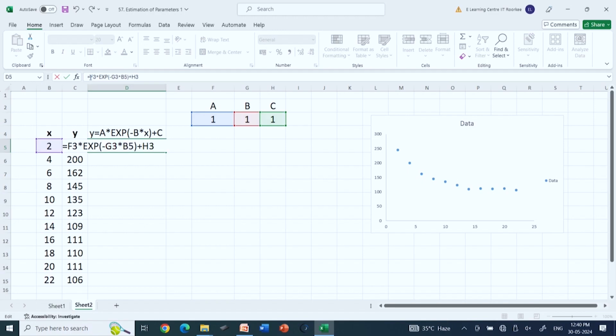Now, the ABCs are constants, so I will fix the constant values here just by putting a dollar sign here, and I get the values.